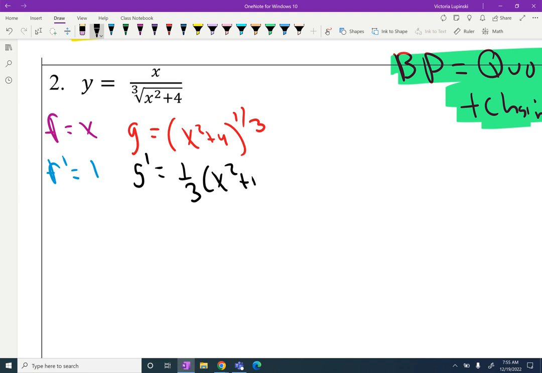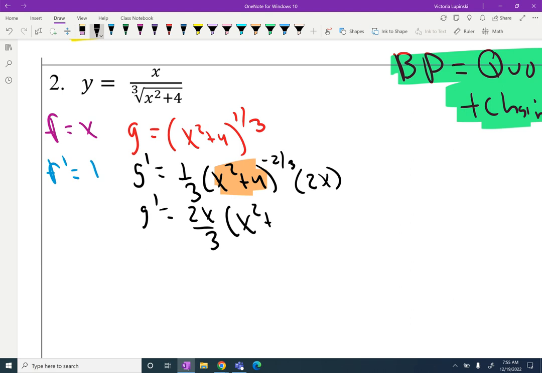You'll take the entire quantity to the 1 less power, 1/3 minus 1, which is 1/3 minus 3/3, which is negative 2/3. Then you have to do the chain rule, derivative of the inside. What's the derivative of x squared plus 4? 2x. And if you just want to clean that up a touch, you can do 2x over 3, and then x squared plus 4 to the negative 2/3 power.